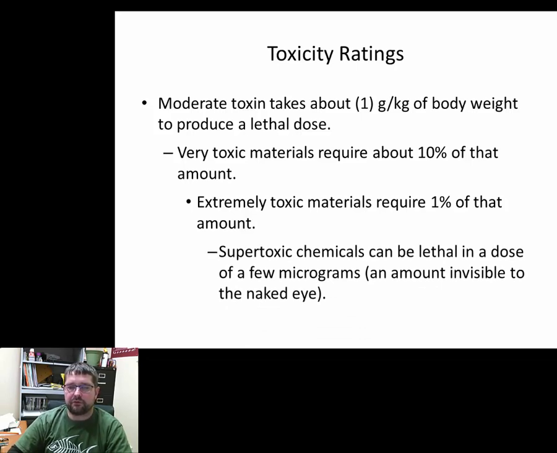A super toxic chemical often doesn't even register on a percent. It's a microgram. Very, very little of this material is lethal. And so we'll often rank things as moderate toxin, very toxic, extremely toxic, super toxic, and give a toxicity rating that's based on the percentage of the lethal dose.